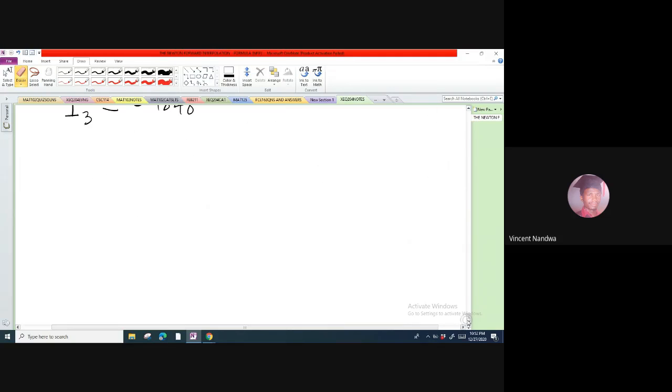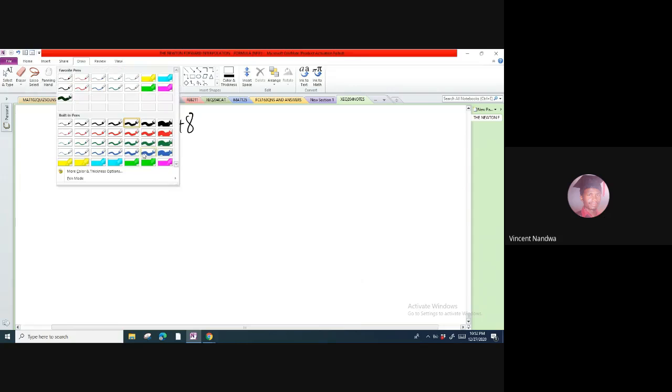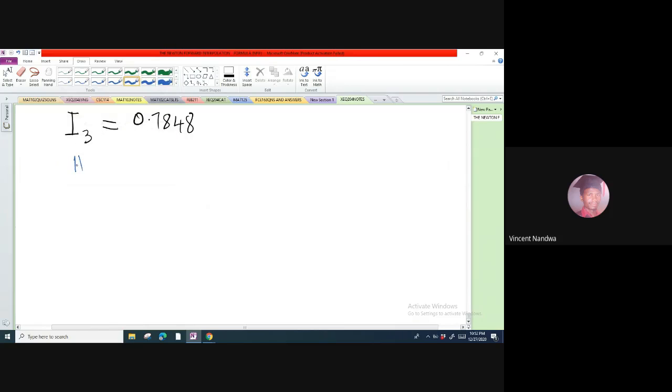Of course, we are only reaching 3. So the scheme will be: we have I1, I2, and then I3. Let's call this one I4. Remember, this is just notation. And then this one, call it I5. And finally, we call this one I6.